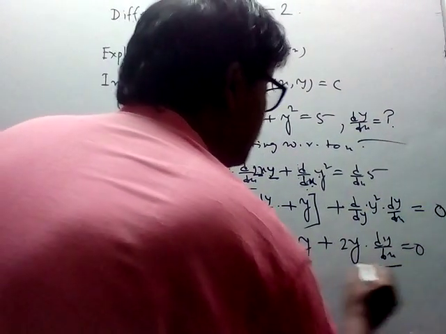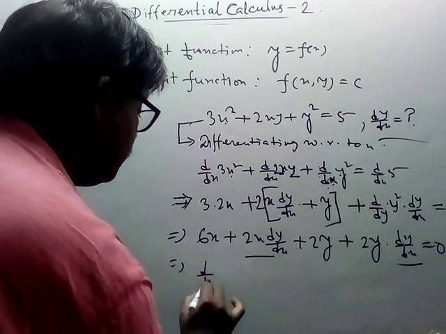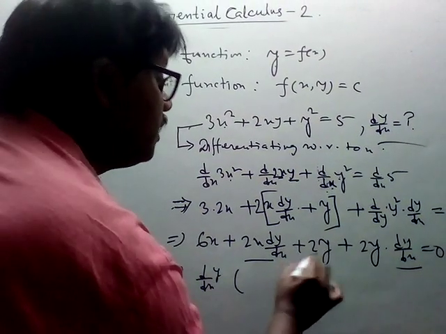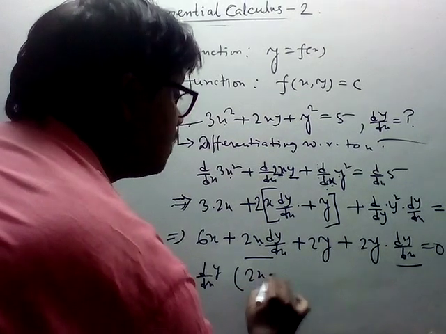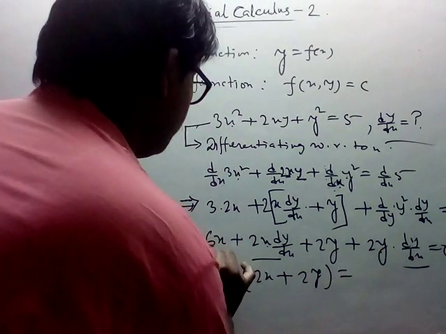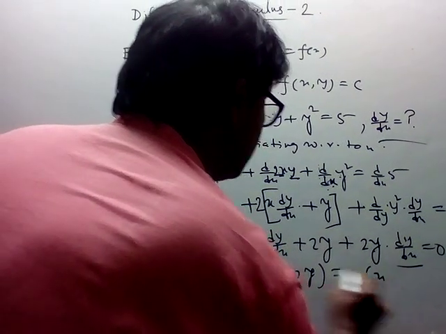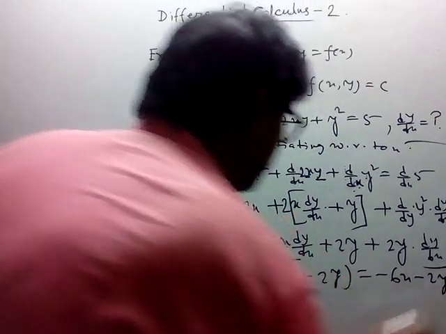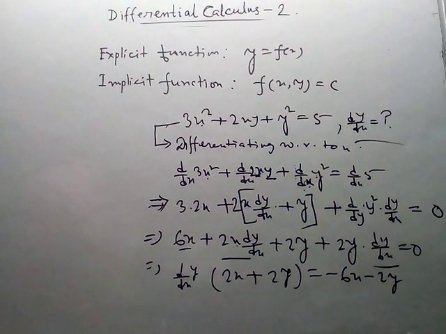From this we can take d/dx of y common: 2x plus 2y. This equals plus 6x, so it will be minus 6x, plus 2y, so it will be minus 2y.